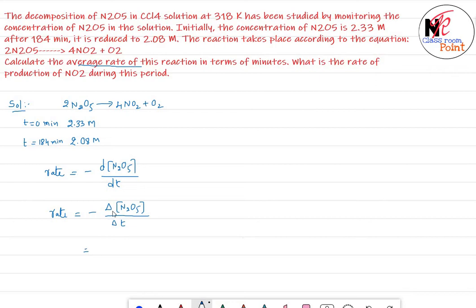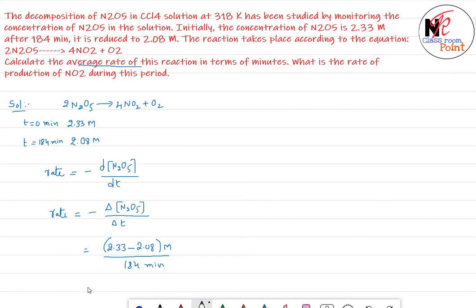Now, what is the difference in the concentration? Difference in the concentration means higher value minus lower value. So here you can take 2.33 minus 2.08 molarity, divided by the difference in the time, 184 minus 0, that equals 184 minutes.